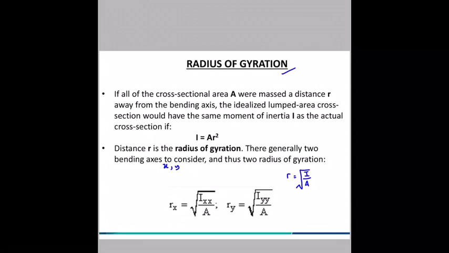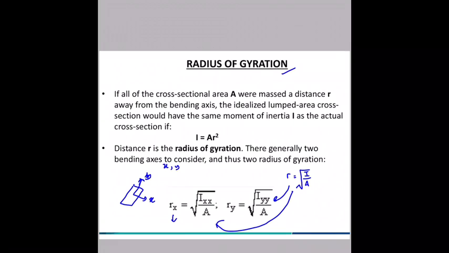But if it is a rectangular column, then you will have different moment of inertia. Moment of inertia for Ixx is different with moment of inertia of Iyy. You need to calculate two times, for rx and ry.